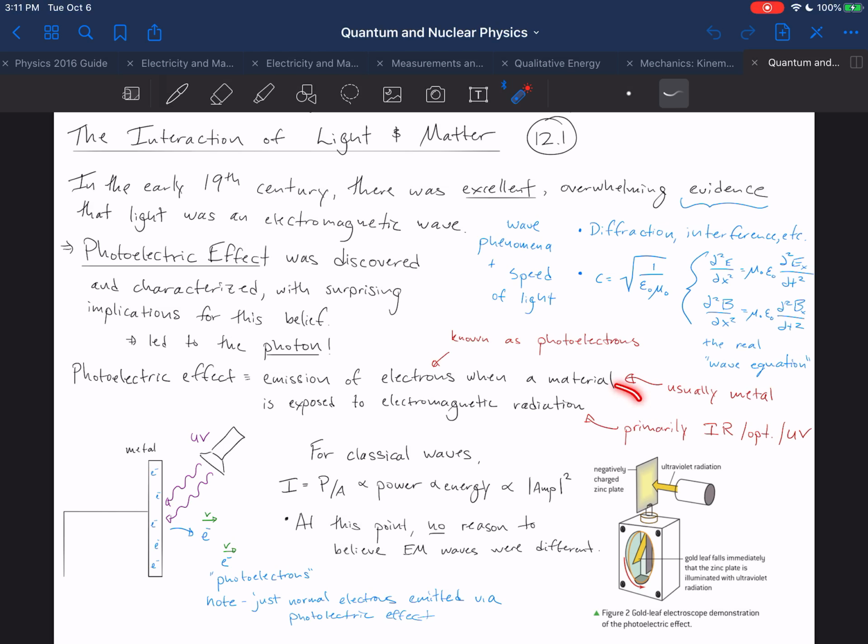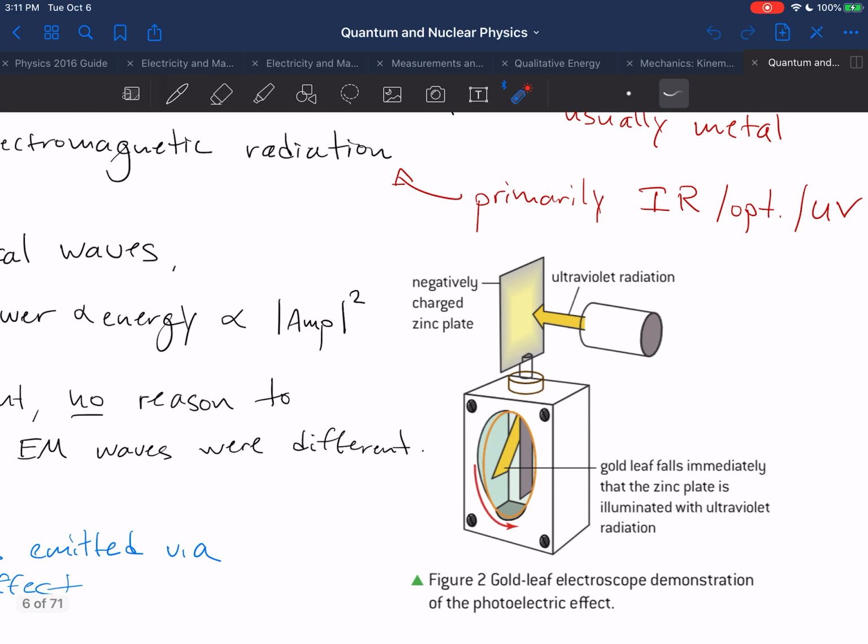Although this effect can be found for other wavelengths of light, it was primarily studied in the infrared, optical, and UV. If you take a charged zinc plate and shine ultraviolet radiation on it, you can knock electrons off the zinc plate, which can be shown via a gold leaf electroscope, as demonstrated right here.